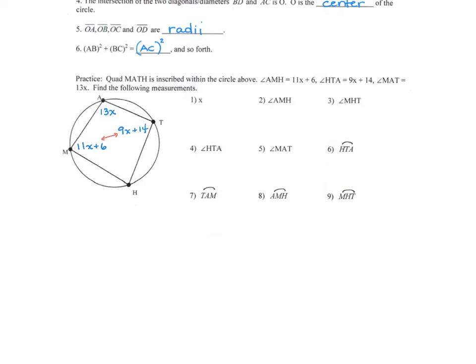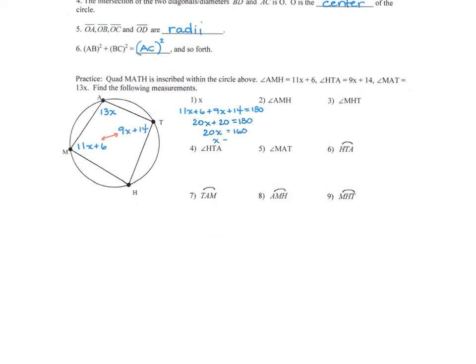So I can find x by saying 11x plus 6 plus 9x plus 14 equals 180. That means 20x plus 20 equals 180, or 20x equals 160.